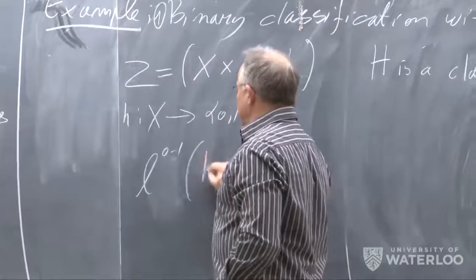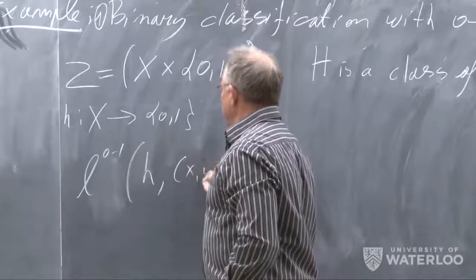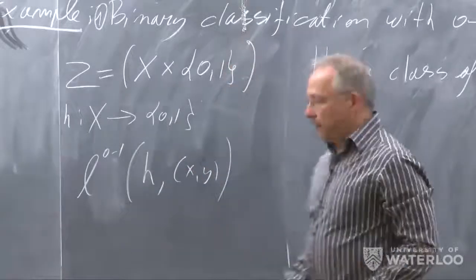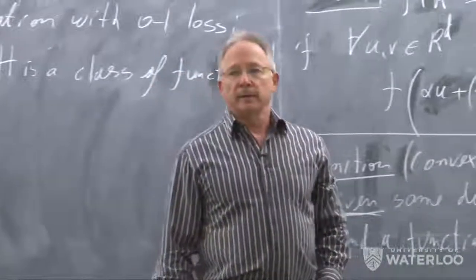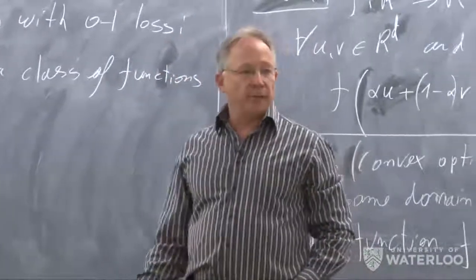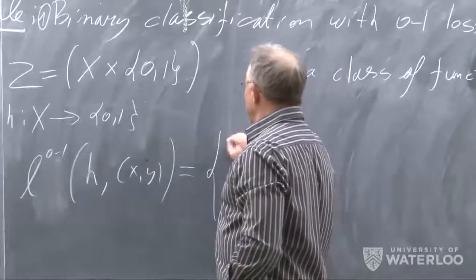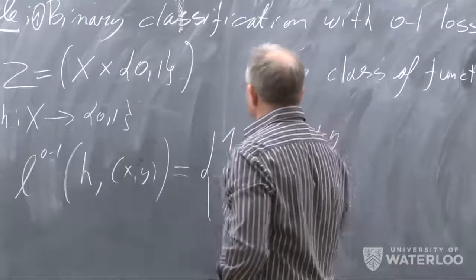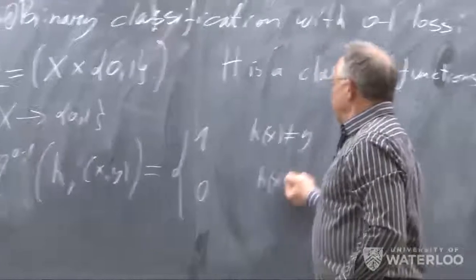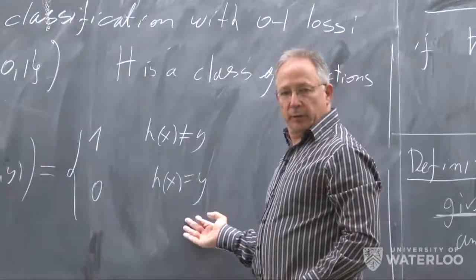When we take a classifier h and the labeled point (x, y), what is going to be the loss? The loss that we've discussed so far, what is it going to be? It's 1 when h of x is not equal to y, and 0 when h of x is equal to y. Right. It's going to be 1 if h of x does not predict y correctly, and 0 if h of x predicts y. So these were the problems that we usually looked at.